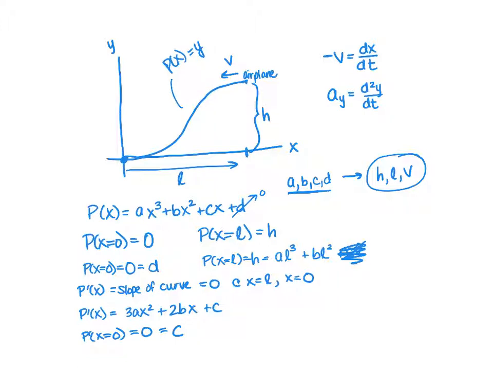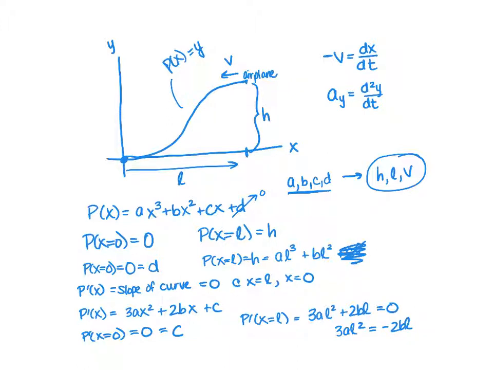That's helpful. And then p prime at x equals L is equal to 3aL squared plus 2bL equals 0, because I don't have that third term of c anymore, because I already know it's 0. Now what this will do is it lets me, I know 3aL is equal to minus 2b.